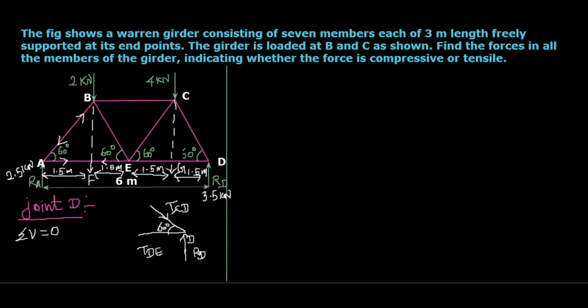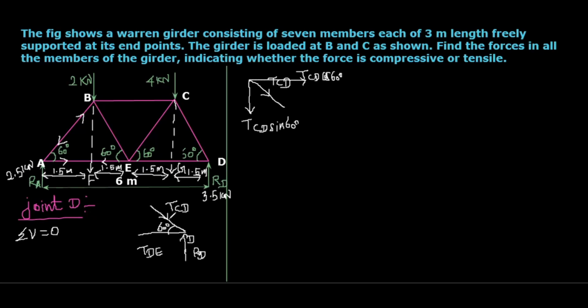It may act in fourth quadrant. If it acts fourth quadrant, then the TCD, I just draw the free body diagram of the TCD alone. Okay, the TCD, then the vertical component TCD sine 60 will act downward. TCD cos 60 that will act towards right side.